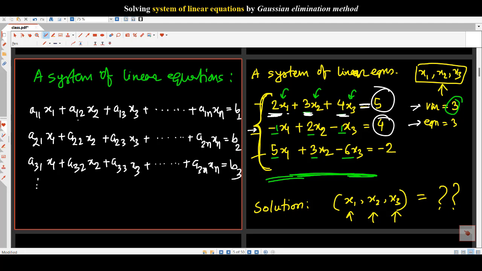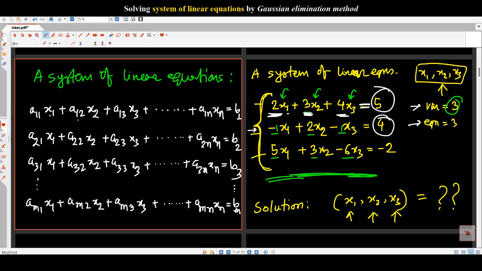If we think about having many equations, this thing continues, and lastly we have am1 x1 plus am2 x2 plus am3 x3 plus amn xn equals, let's say here we have bn. We can also write bm, no problem.